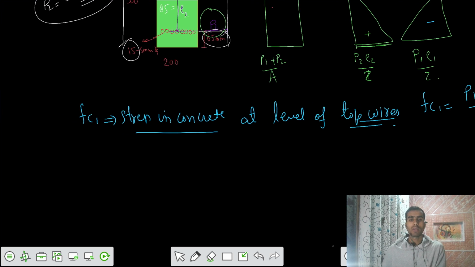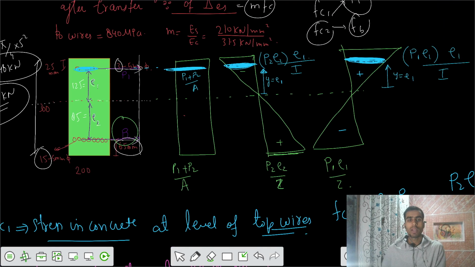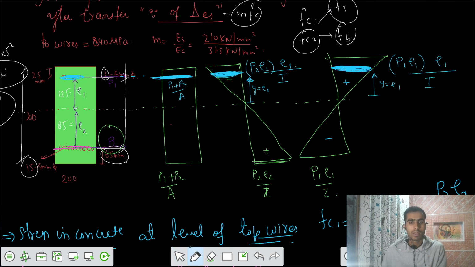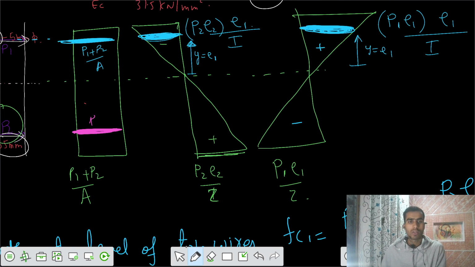And similarly we have to calculate stress FC2. So this is the stress in concrete at the level of bottom wires. What is the value here at the level of bottom wires? This value is also P1 plus P2 divided by the area of the cross section.